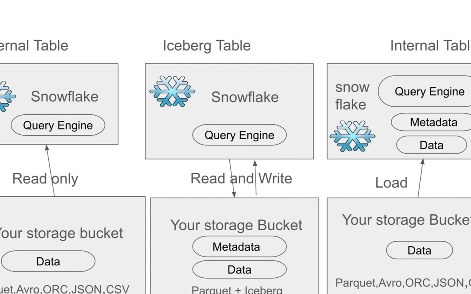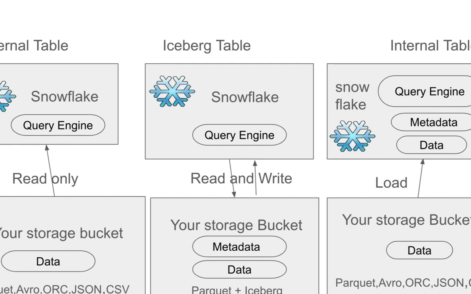In external table, as we are aware, you create an external table in Snowflake on top of the data that is sitting out there in the data lake. In this case it's just read only, in the sense Snowflake just reads the data into the external table, and you perform the analytics on top of the data.